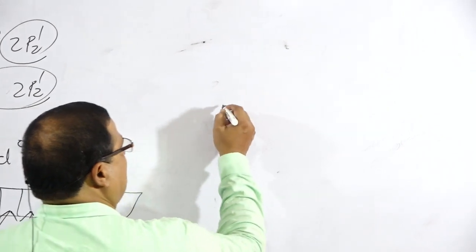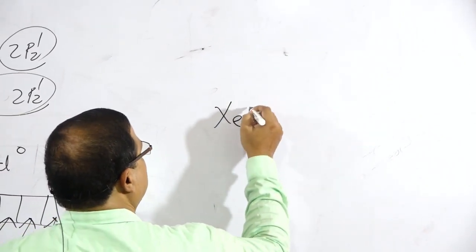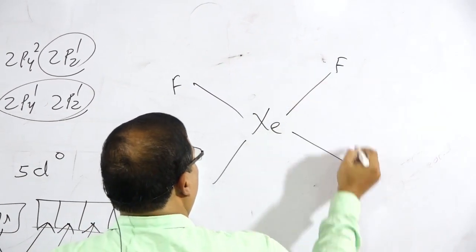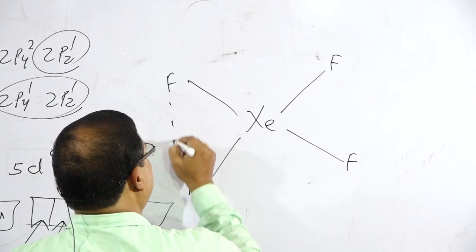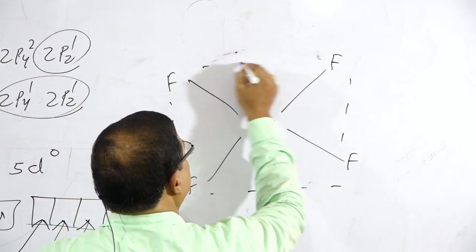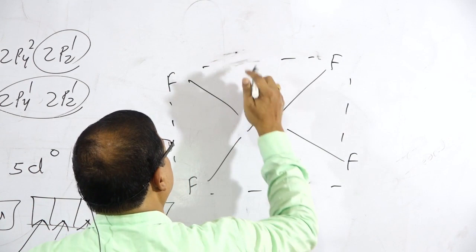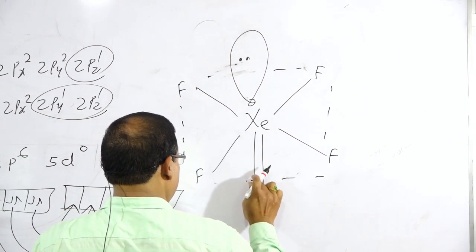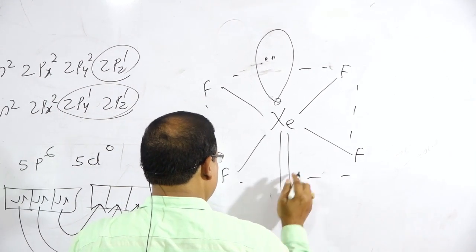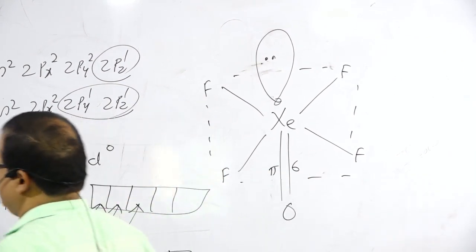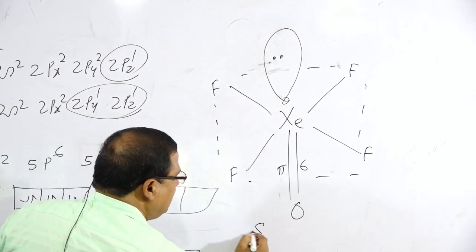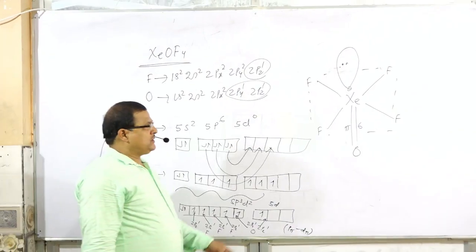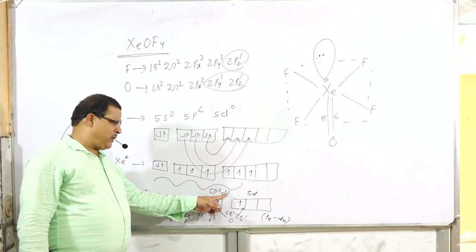So, regarding that structure, four fluorine atoms, one lone pair, and this is the double bond, sigma and pi. So xenon has sp3d2 hybridization.